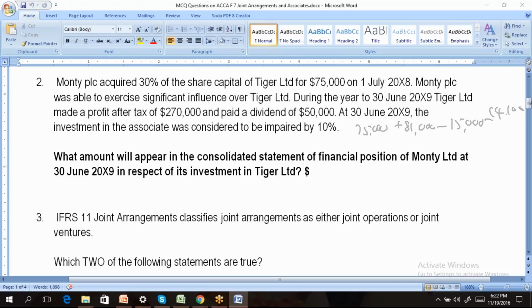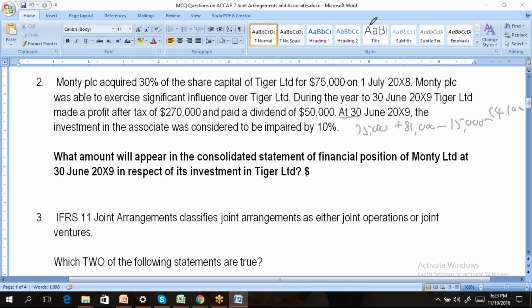A lot of students thought of the original investment of 75,000 and took 10%, which is wrong, because they say as at 30th June. As at 30th June, the investment was considered to be impaired. So we have to look at the value as at 30th June. So 75 plus 81 minus 15, of that 10% is the impairment.